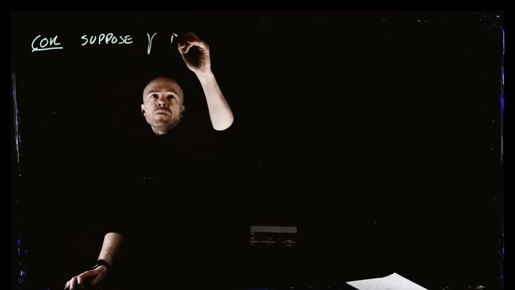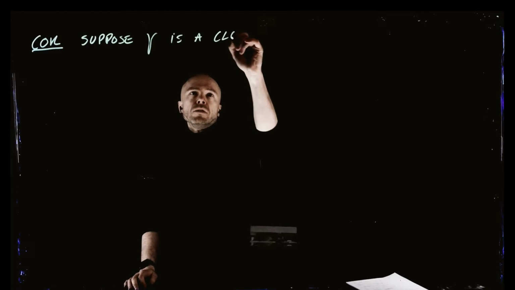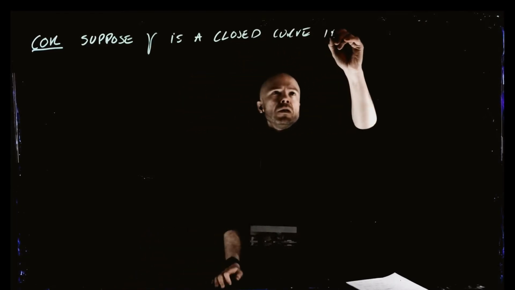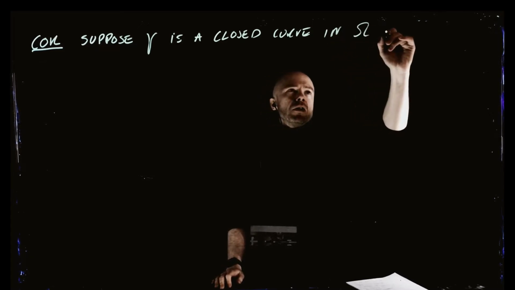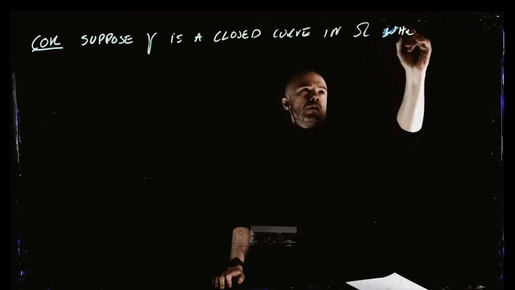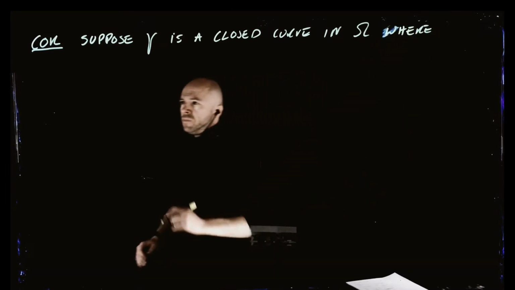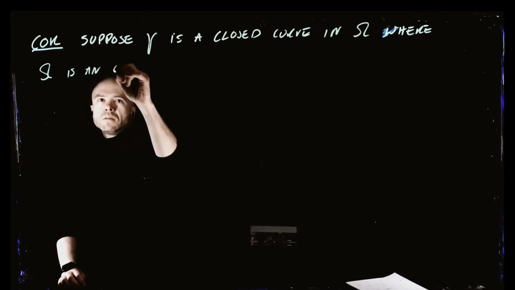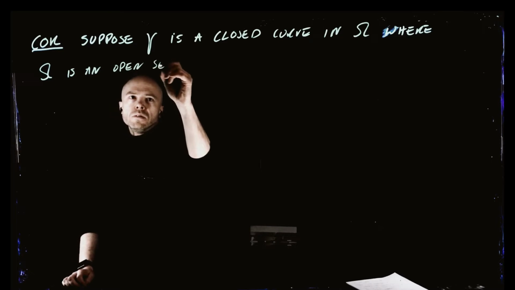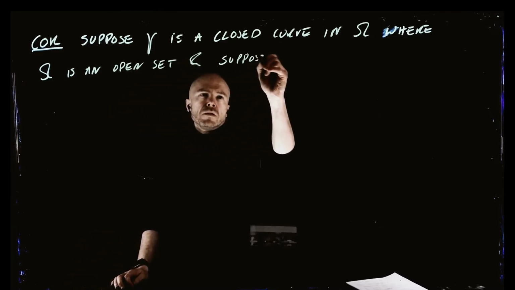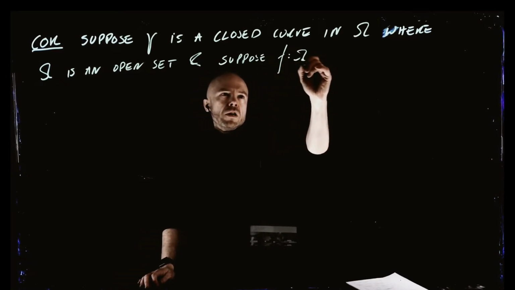Suppose gamma is a closed curve in omega, where omega is an open set, and suppose f from omega is holomorphic.